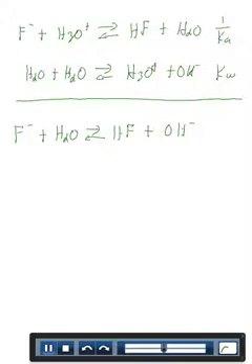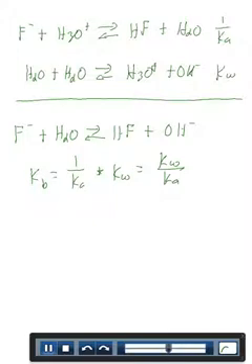And if I add reactions, I multiply equilibrium constants. So the equilibrium constant for this base reaction, Kb, is going to be 1 over Ka multiplied by Kw, or just Kw over Ka. So now, knowing the Ka for an acid, I can find the Kb for its conjugate base just from this expression, knowing Kw.